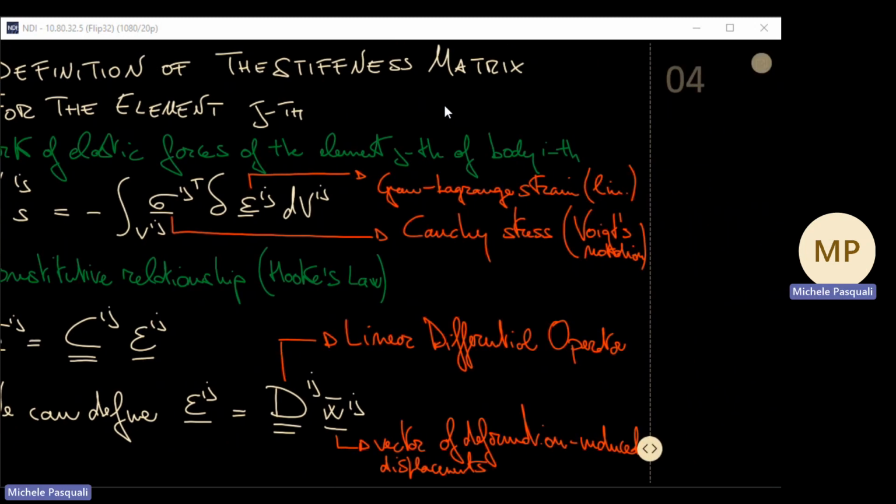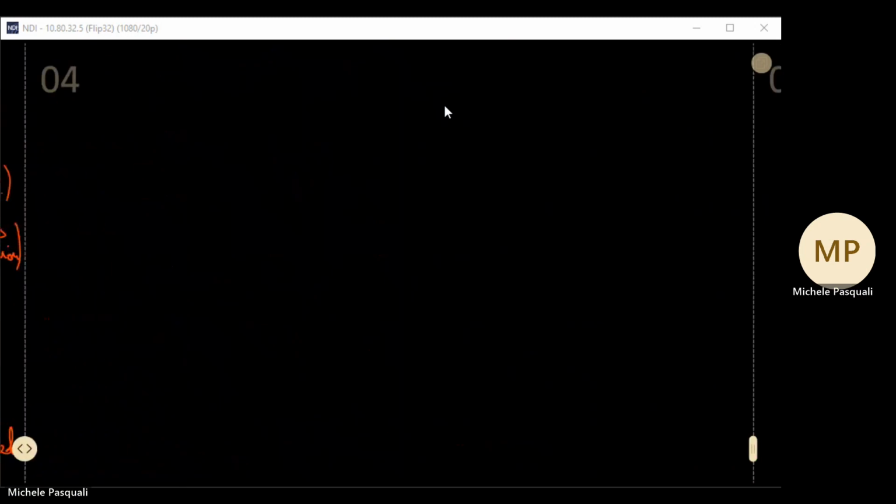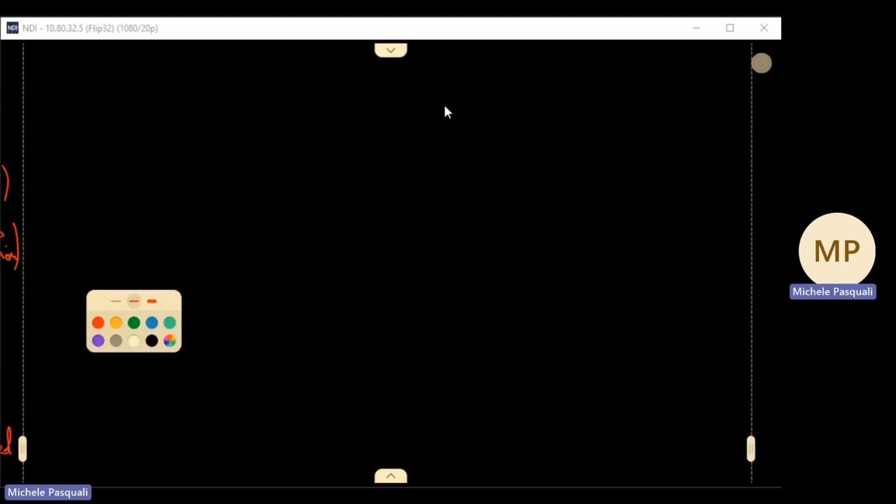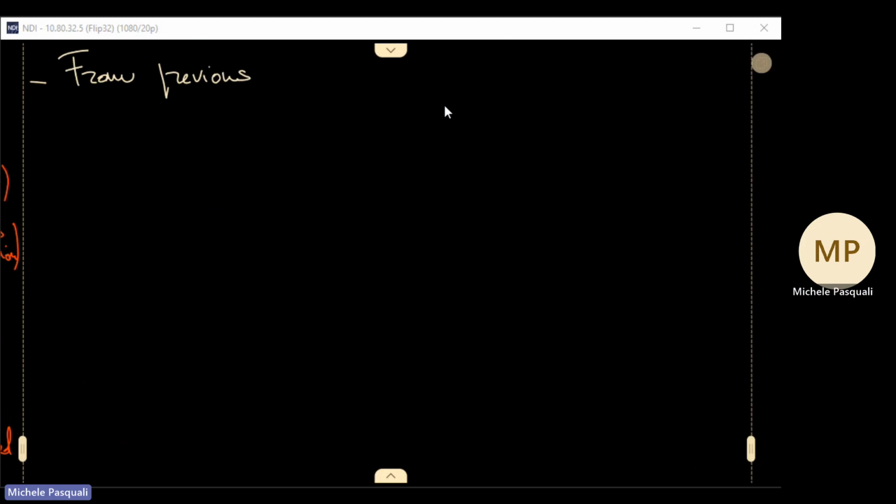So with all of these pieces of information, we can write down at this point the work of the elastic forces. Actually, let's introduce another piece of information, from previous results.